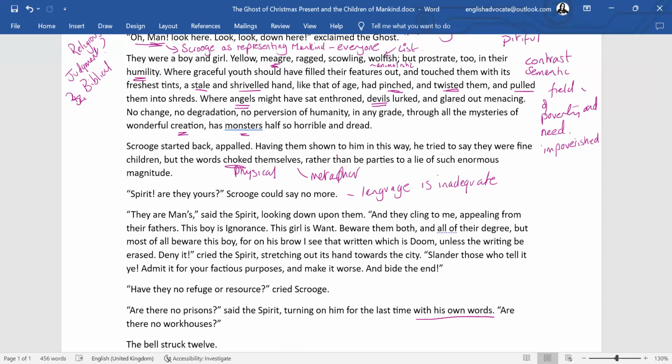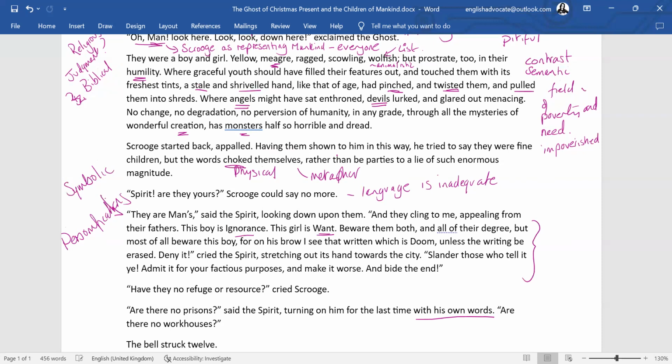And just in case we hadn't understood it, the Spirit explains their symbolic value. These children are personifications of these two problems, ignorance and want. And this warning is both to Scrooge and to the readers, okay, that actually, don't be ignorant because it leads to these awful consequences.